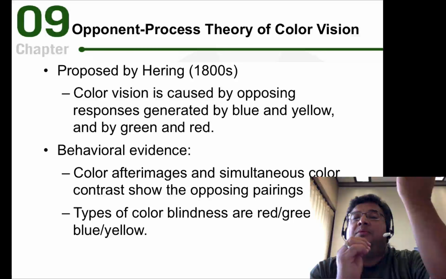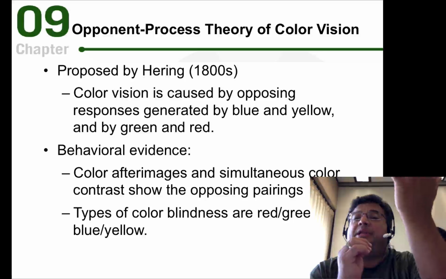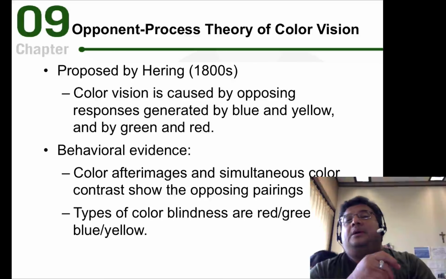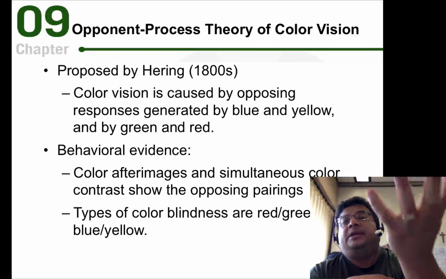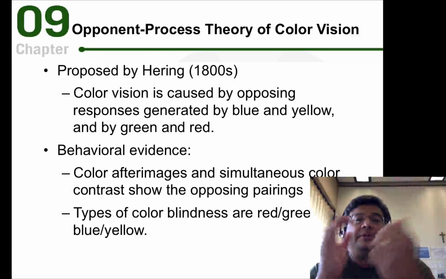If a receptor perceives something that's got blue and yellow in it, then the output's somewhere in the middle. So you have this one process that reduces its output when it sees blue and increases its output when it sees yellow, and is in the middle somewhere with blue and yellow.